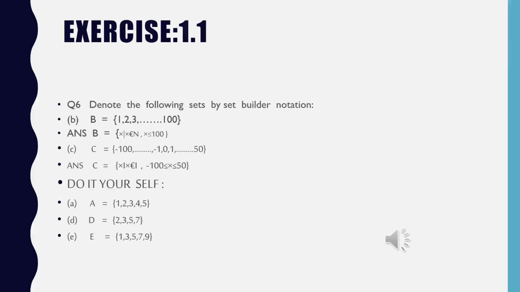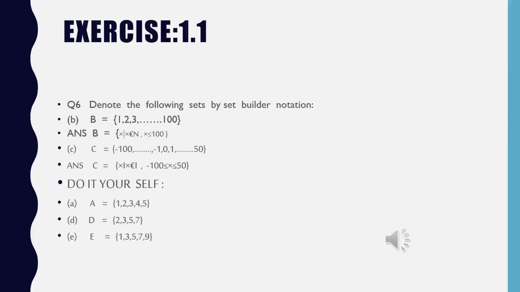You have to convert it into builder notation like set B is equal to, inside the curly bracket, you write x such that x is a member of natural numbers and x is less than or equal to 100. Third part of this question: set C is equal to, inside the curly bracket, minus 100 dash dash minus 1, comma 0, comma 1, dash dash, comma 50, close the curly bracket.